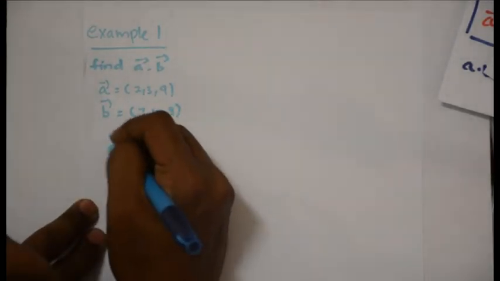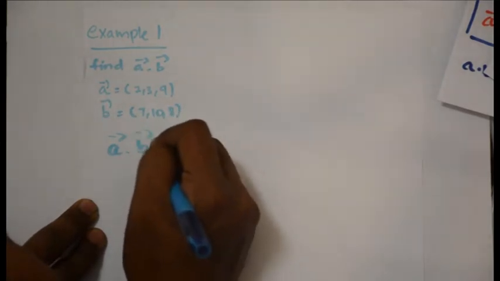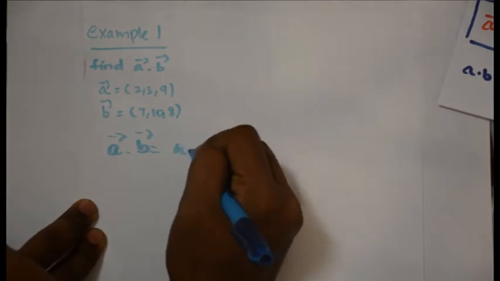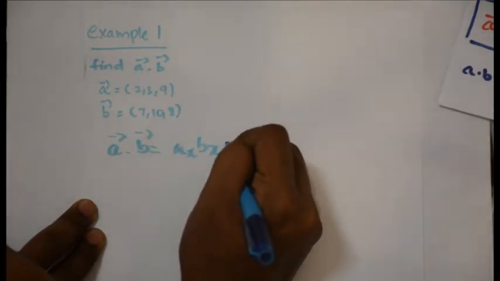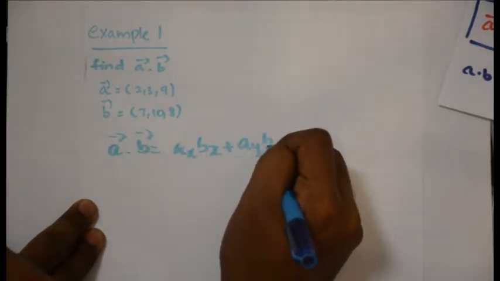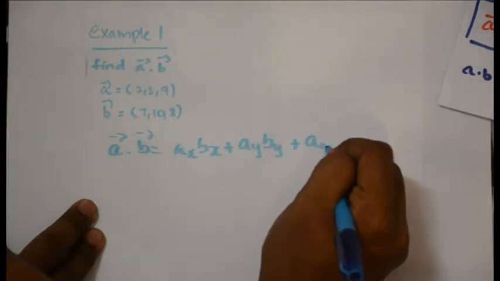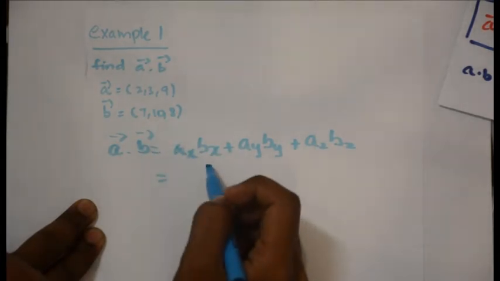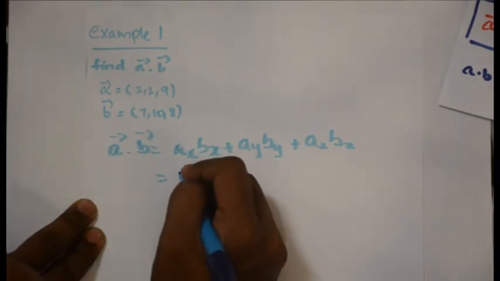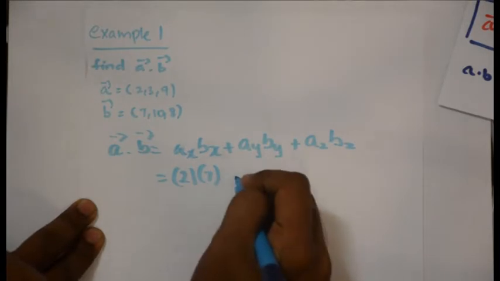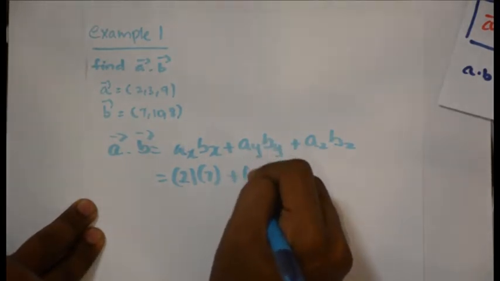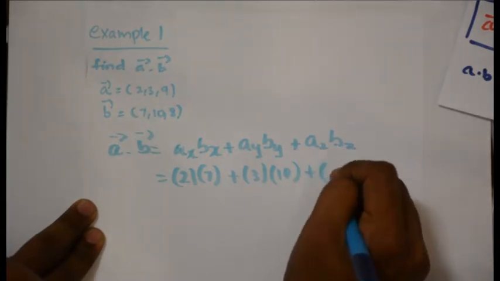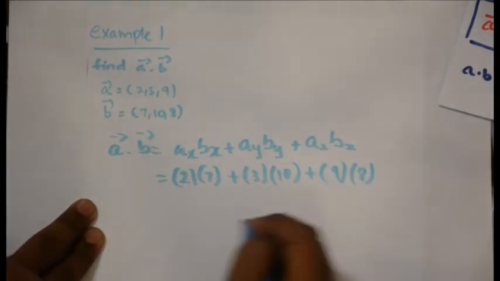Now, referring to the formula, a dot b equals ax bx plus ay by plus az bz. Here ax is 2 and bx is 7. So it's 2 times 7 plus 3 times 10 plus 9 times 8.